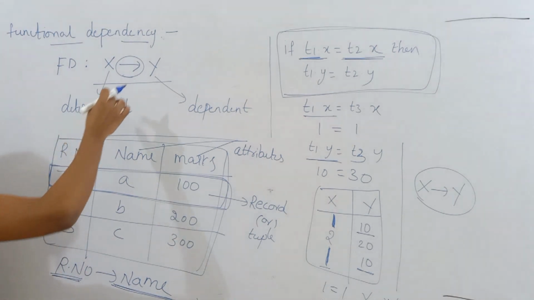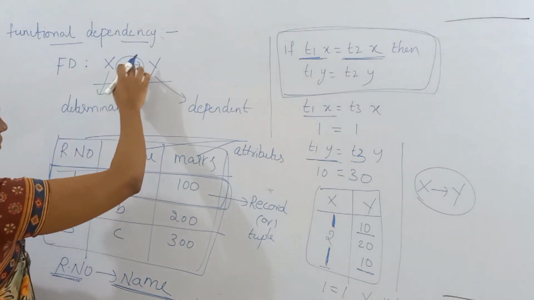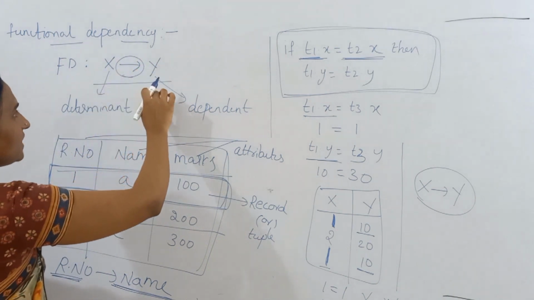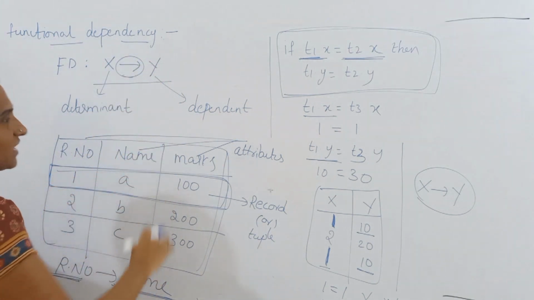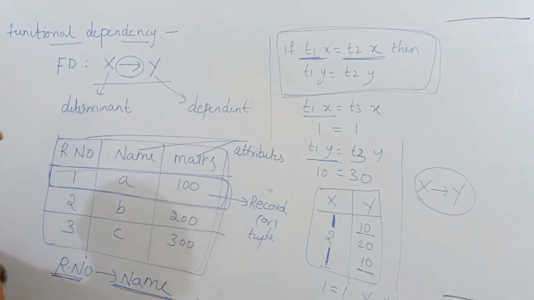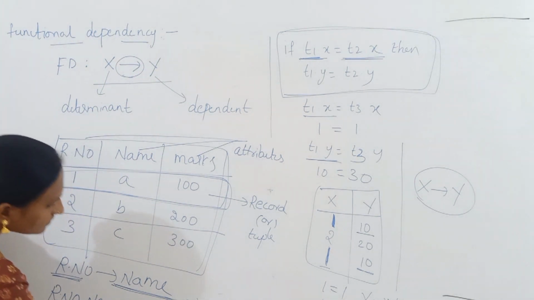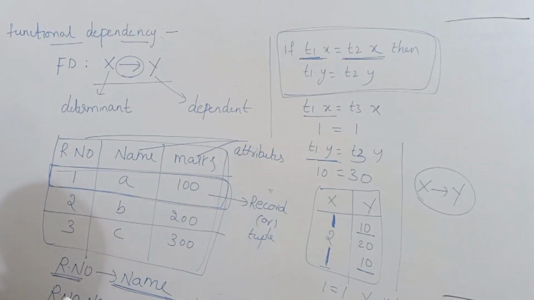So directly we can say that roll number determines name. Also at the starting of the class I told that x determines y, where x and y are single attribute or set of attributes. I am taking roll number, comma, name determines marks. So does this functional dependency exist or not?